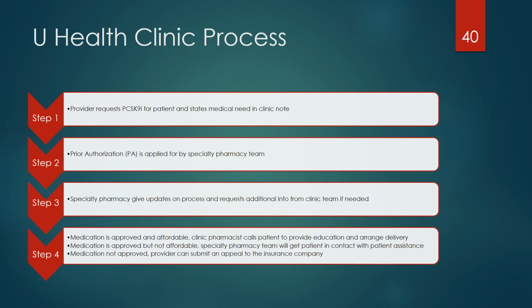The medication is either approved, and if it's affordable, the clinic pharmacist calls the patient to provide education and arrange delivery. If the medication is approved but not affordable, the specialty pharmacy team will get the patient in contact with patient assistance to help them afford it. If the medication is not approved, the provider can then submit an appeal to the insurance company and try to work through it that way.